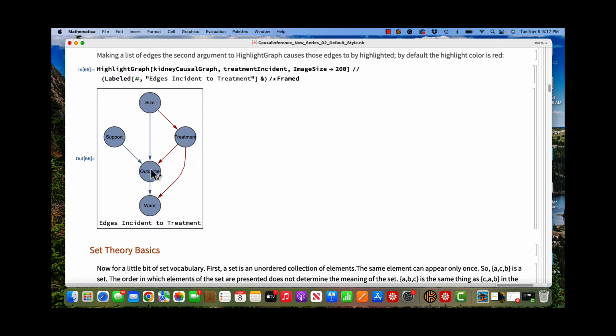And so what we're interested in is treatment in that Perkovich model is X, outcome is Y. What we're trying to figure out is what other nodes, size, support, reward, what combination of those, or maybe none of them, are a valid adjustment set such that when you do a regression in which treatment is included, the coefficient in front of treatment gives you the strength of the causal relationship.